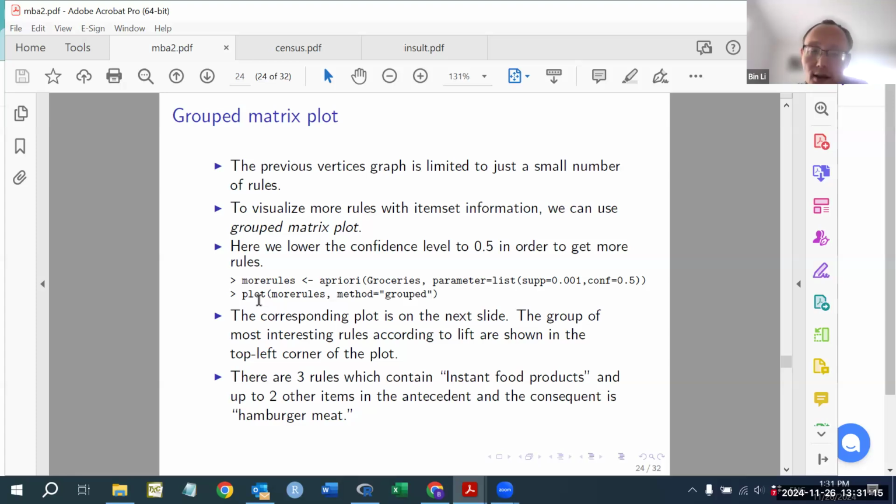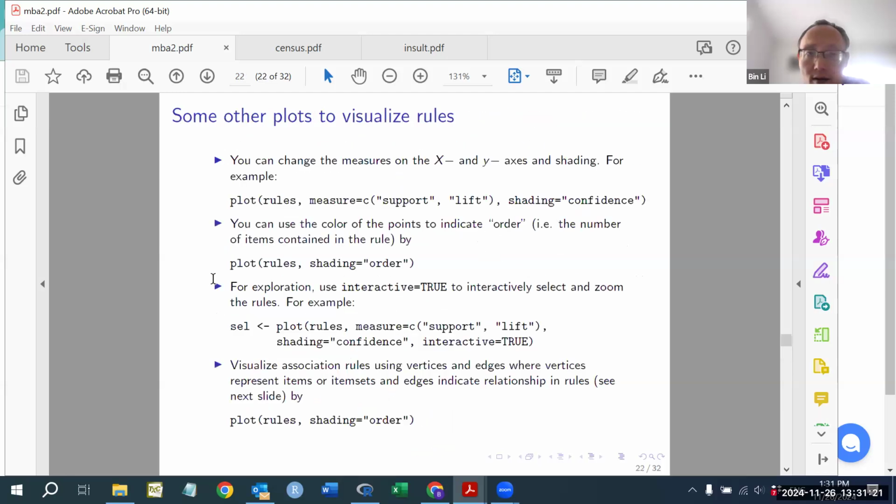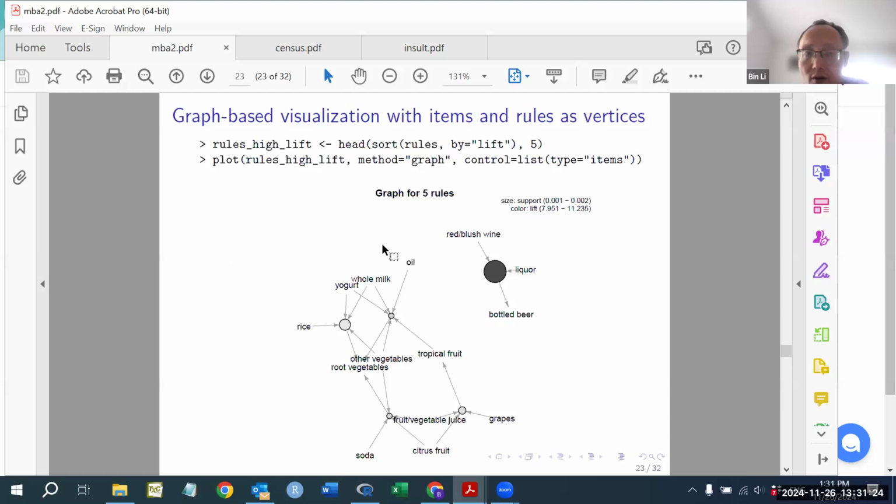So we talk about the association rule mining, and last time we showed we can use the graph-based visualization tools to see the relationships among a few rules.